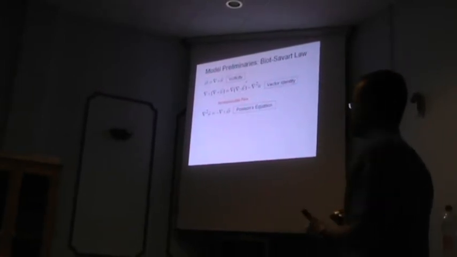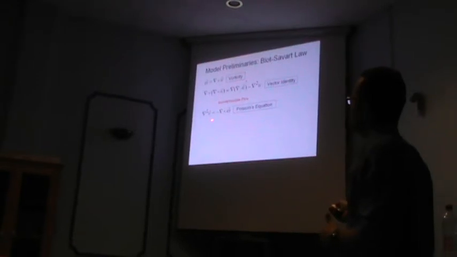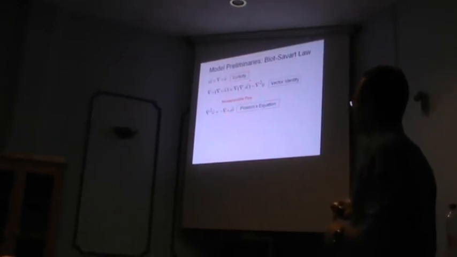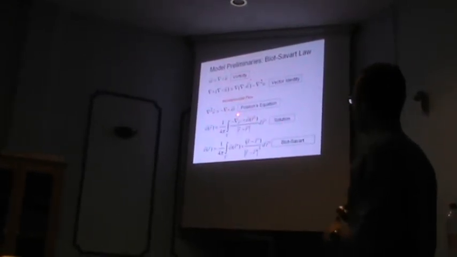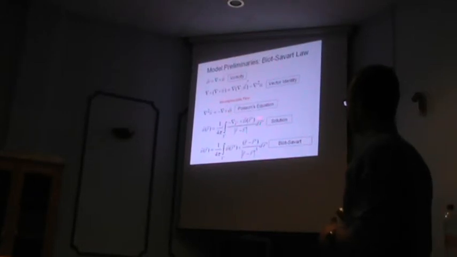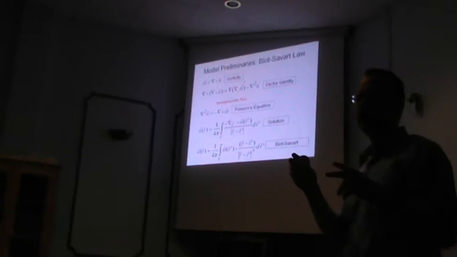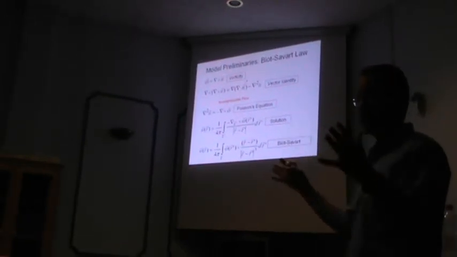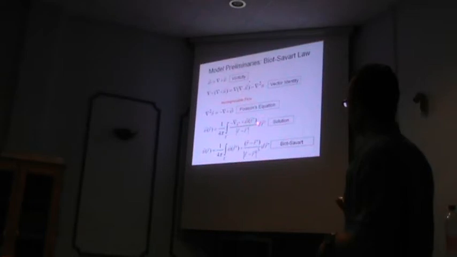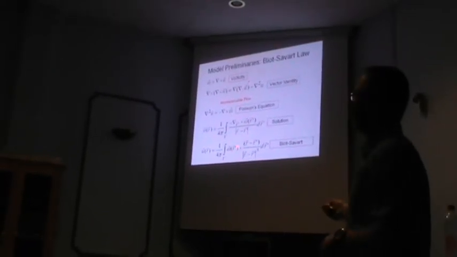The solution to Poisson's equation is known through Green's function, which is simply a volume integration of the right-hand side, which you can think of as the forcing function, multiplied by Green's function and integrated over the entire volume.